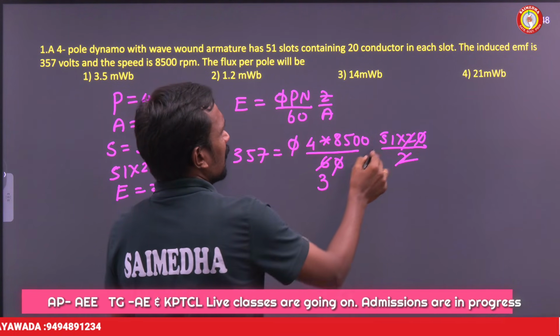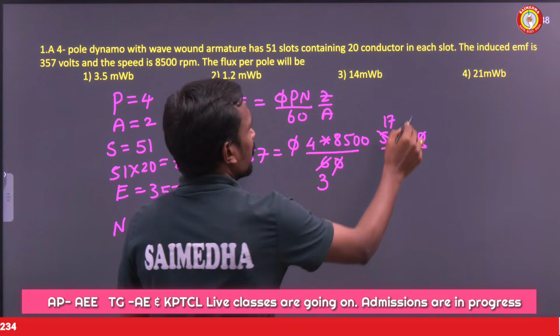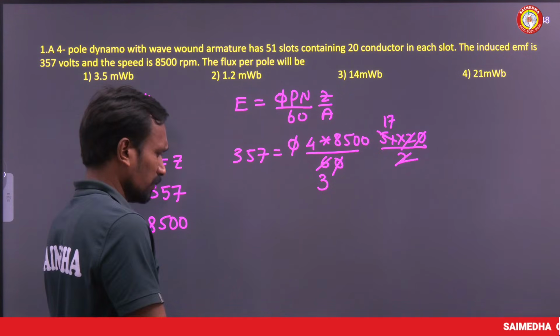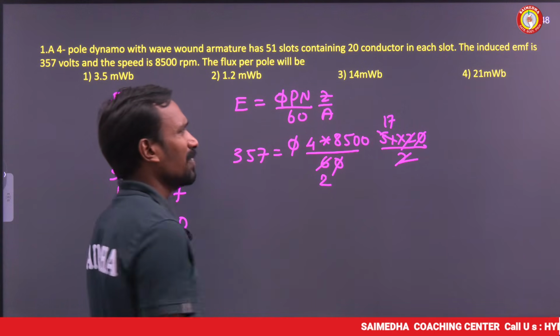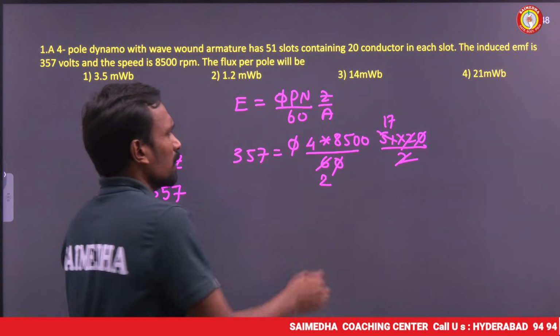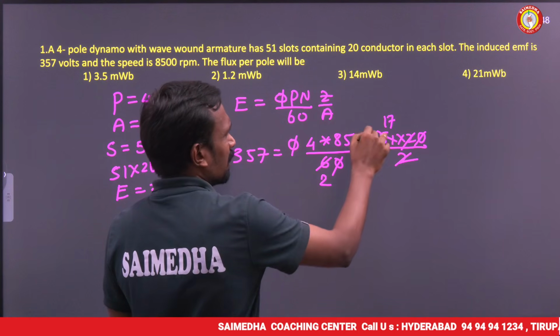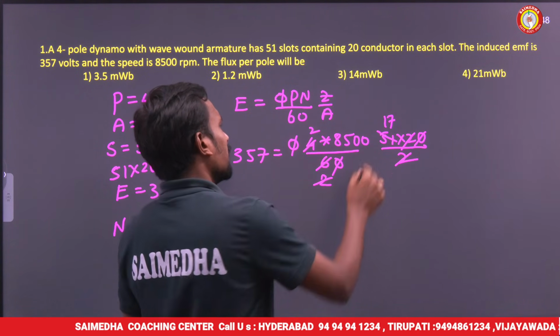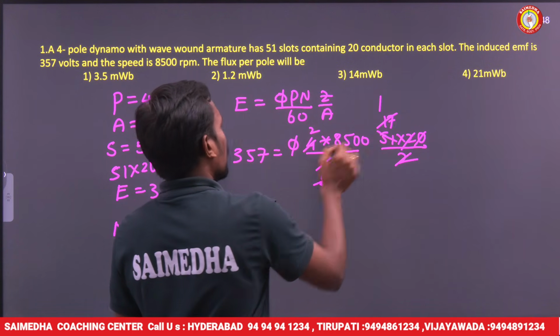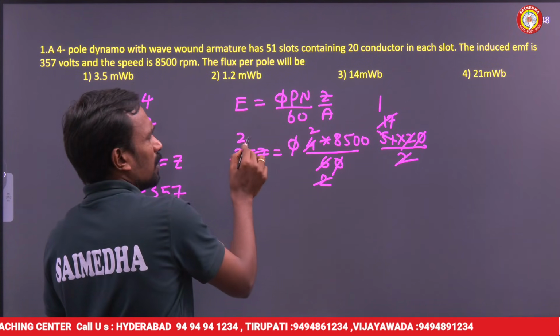3 2s are 6, 3 17s are 51, 2 1s are 2, 2 2s are 4, 17 1s are 17, 17 2s are 34.